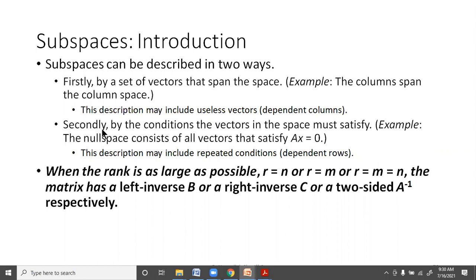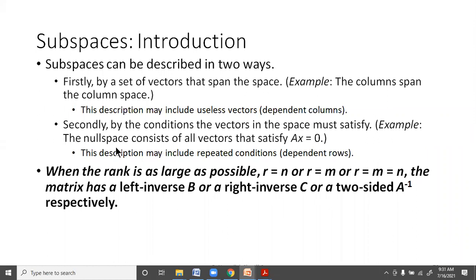Then we have another way of representing subspaces, that is by the condition the vectors in the space must satisfy. We can put a condition which the vectors in the space must satisfy. One is by means of the number of vectors in the span of the space. Another is the condition the vectors in the space must satisfy.